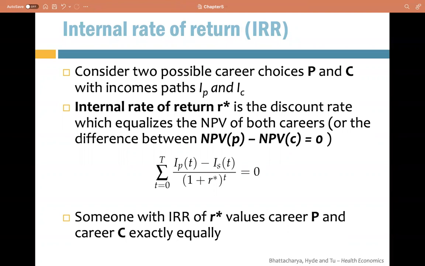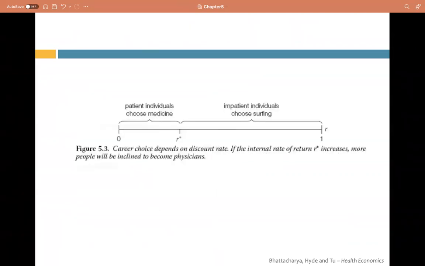So we have to solve the equation where the net present value of being a physician equals the net present value of being a server, and then solve for r star, which equates them. The next graph can explain that even better.